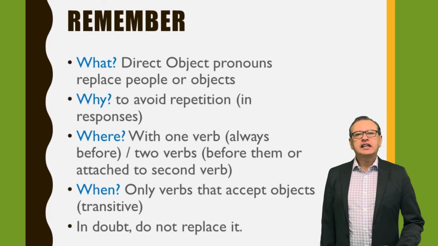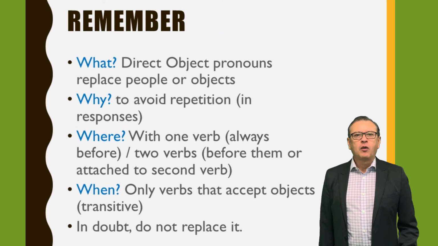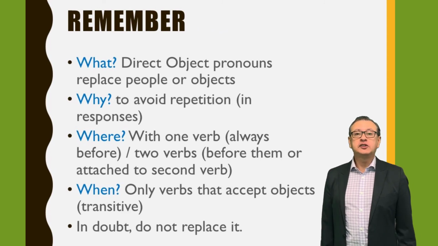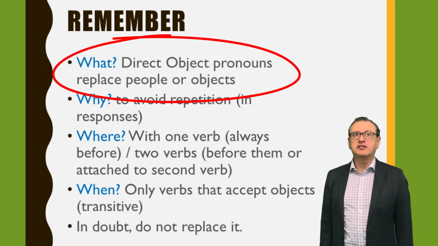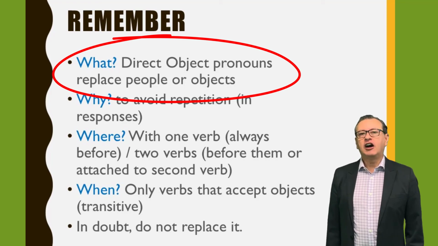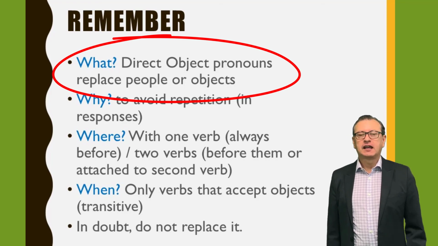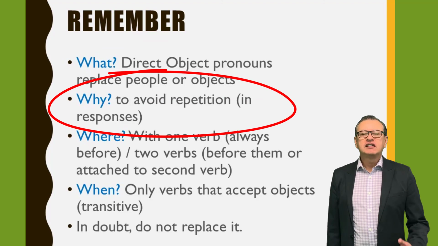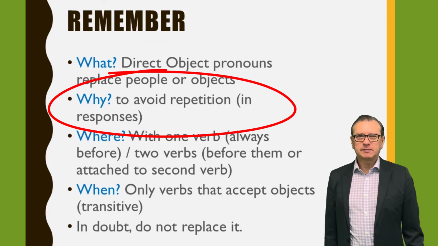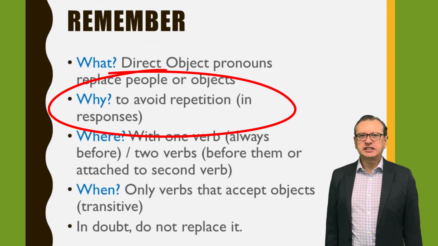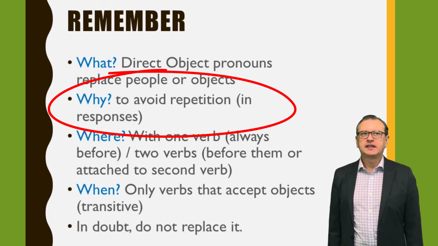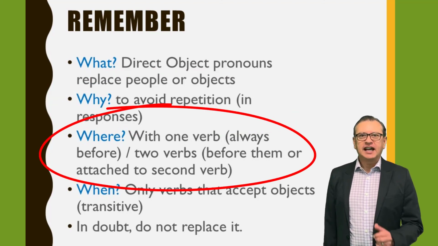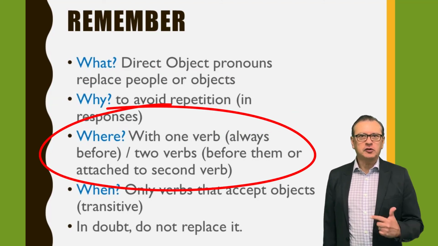Let's see how we can summarize this. What do we use here, the direct object pronouns? They replace objects or people. Why? We use them in responses mostly, especially to avoid repetition of the same object. Where? Remember, identify if there's one verb or 2 verbs.